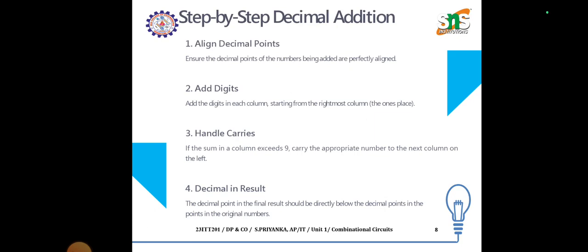Handle carries: if the sum in a column exceeds 9, carry the appropriate number to the next column on the left. Decimal in end results: the decimal point in the final result should be directly below the decimal points in the original numbers.